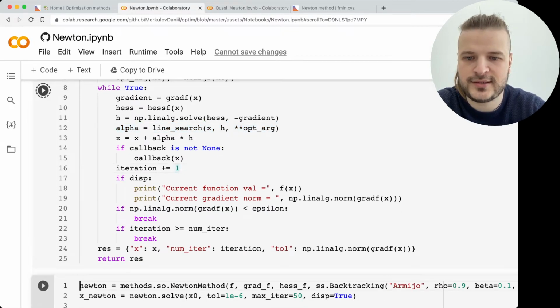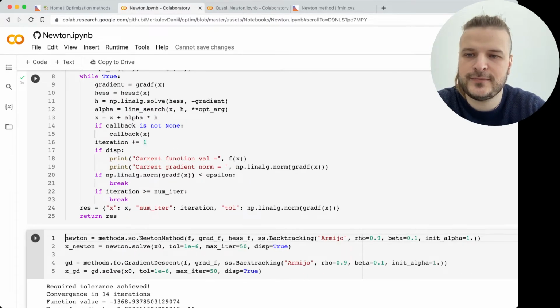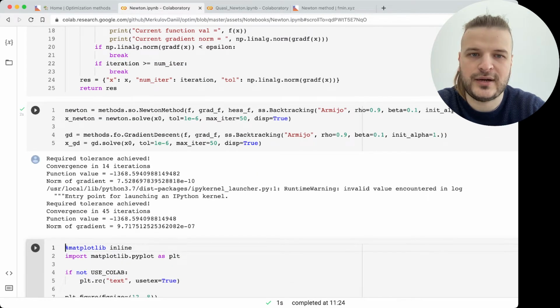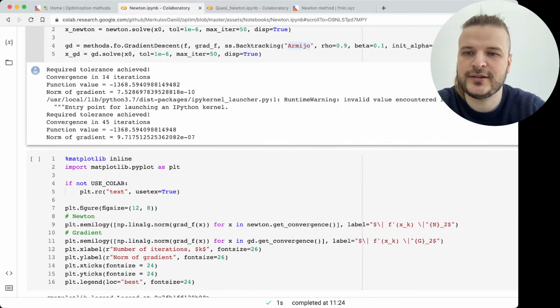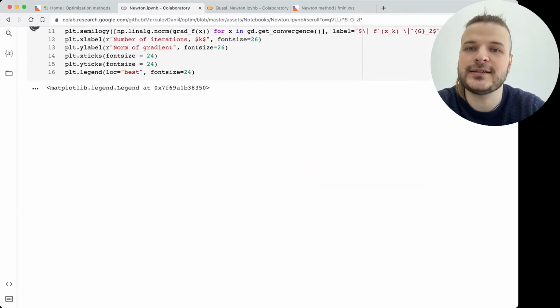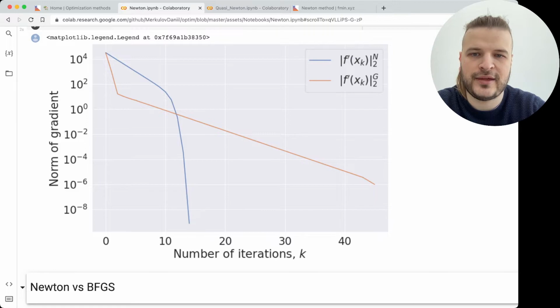Okay, let's verify it here. Yeah, we have Armijo backtracking here, and let's plot the convergence. Okay, it was already here. Yeah, there it is.